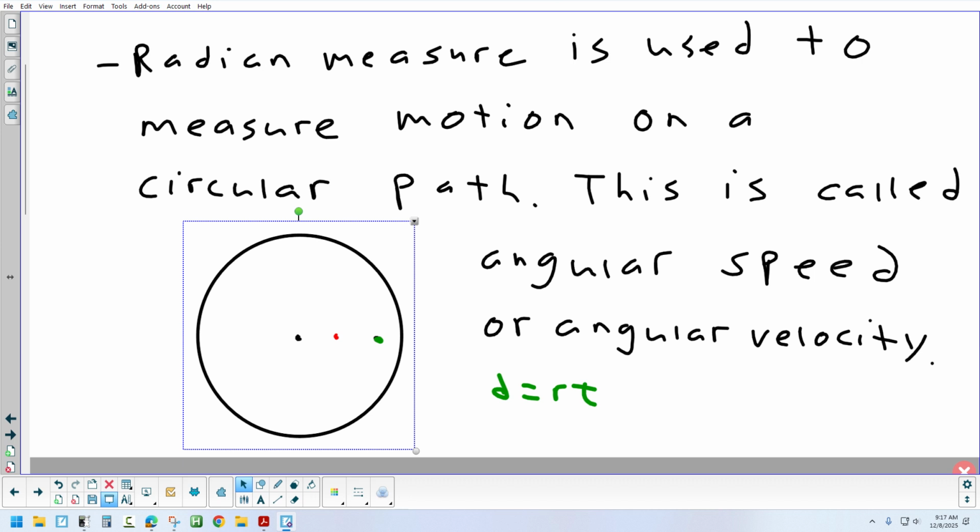Any observations of those three dots? Yeah, it looks like the black one didn't move at all, right? It's not perfect, but it pretty much stayed right where it was. Well, if the distance that something travels is 0, how fast is it going?